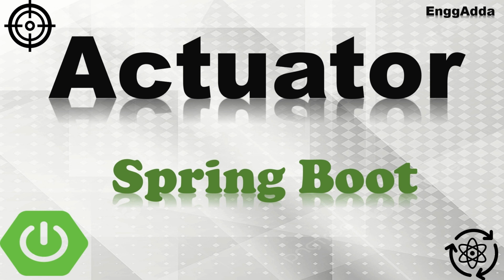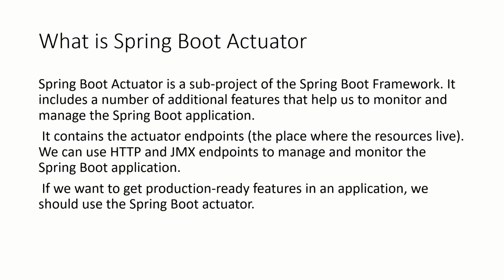Let me go to the next slide and discuss what is Spring Boot actuator. You can see that Spring Boot actuator is a sub project of the Spring Boot framework. You can also say it is a dependency or a module of the Spring Boot framework.